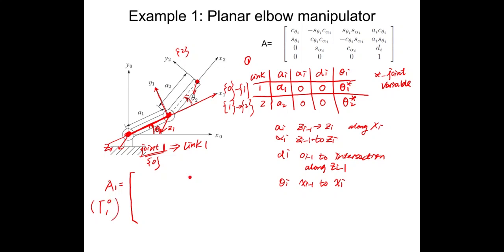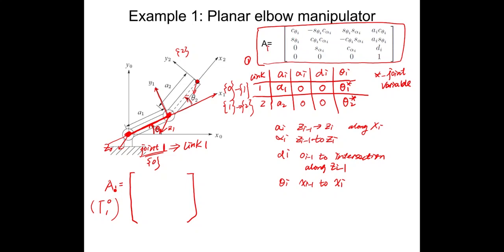Here, this is my A I matrix, which we just talked about in the DH convention, directly given by the 4 variables. Now we just plug in these real numbers so that we can have A1 and A2.